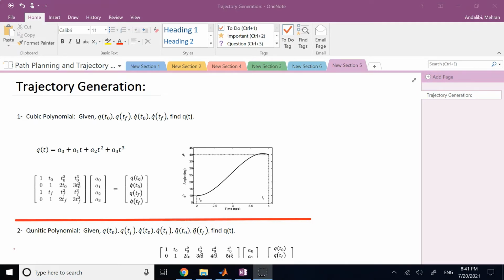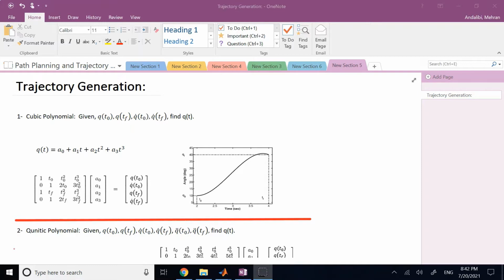But you never specified in path planning, when you have Q values for each of the waypoints, how the Q, the joint variables, would change as a function of time from one waypoint to another, right?